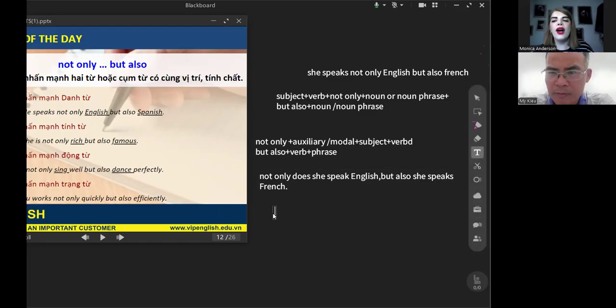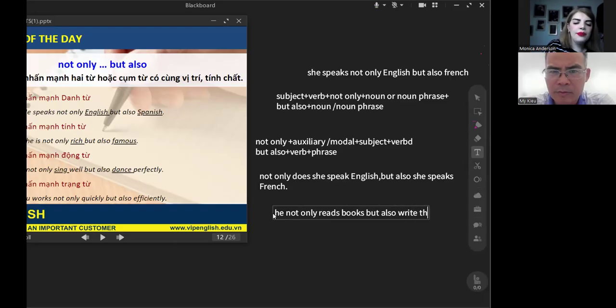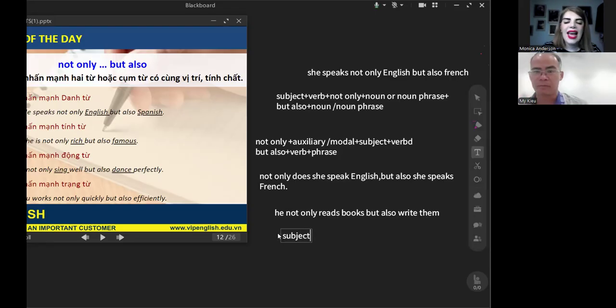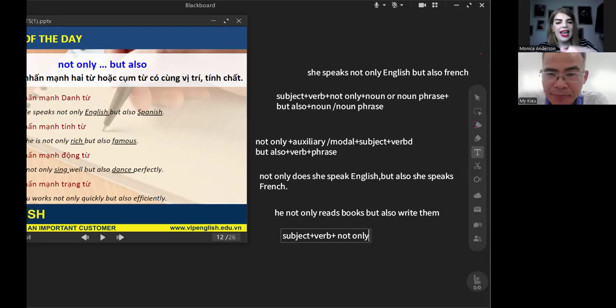Or I have another one: "He not only reads, for example, books, but also writes them." So here we have subject and verb, and of course "not only," so not only and verb.